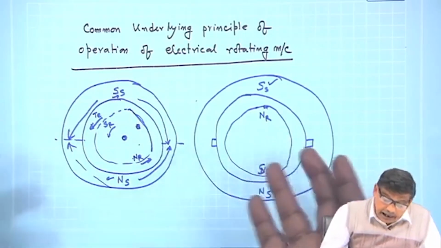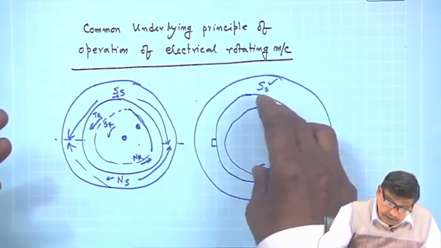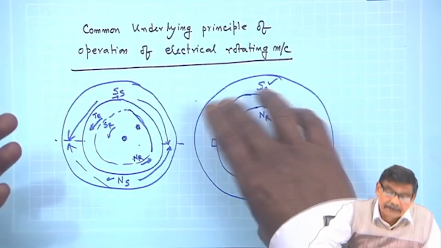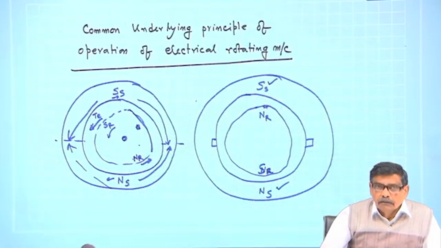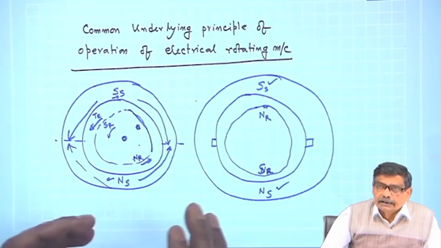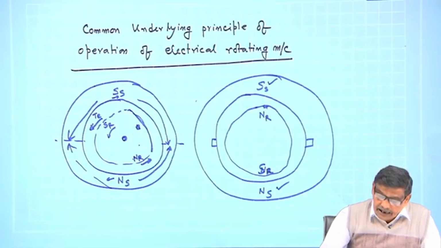Therefore, how can this happen? As Nr Sr moves, how will Ss Ns move? These are interesting and important questions to be answered, to be understood rather.